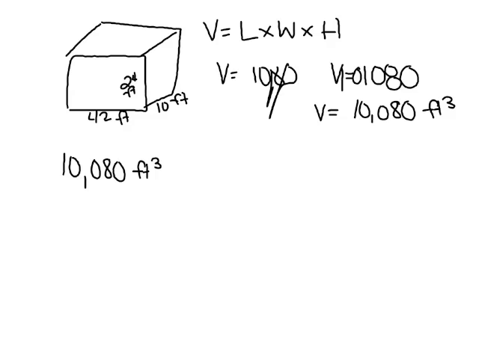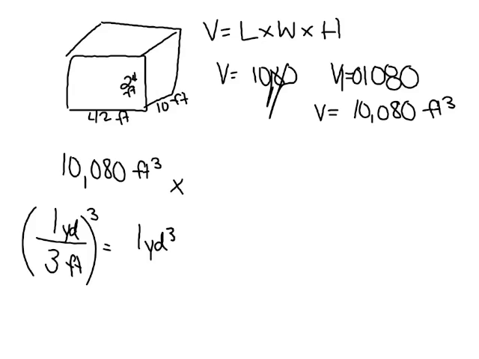How many cubic yards of air? So before I can do that, what do I need to do? What do I know about feet and yards? 1 yard is 3 feet. Cubed, that is 1 cubic yard is 3 cubed, 27 cubic feet.